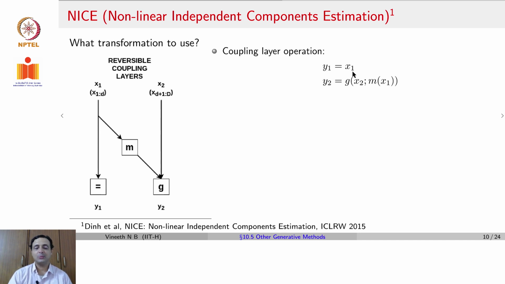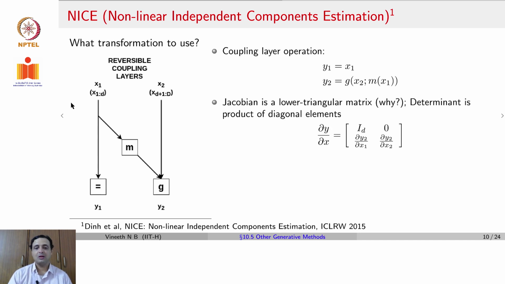So y1 is equal to x1. y2 is given by some function g of x2 and m of x1. So you can see here pictorially y2 is given by function g, which is applied on x2 as well as m of x1. Note that in this particular formulation y1 does not depend on x2 but y2 depends on x1.